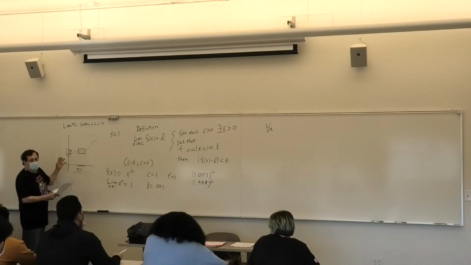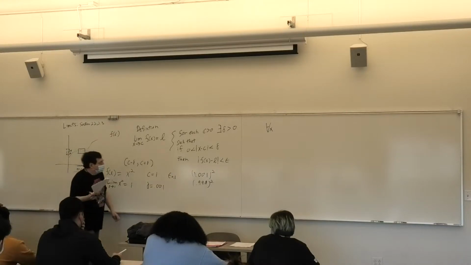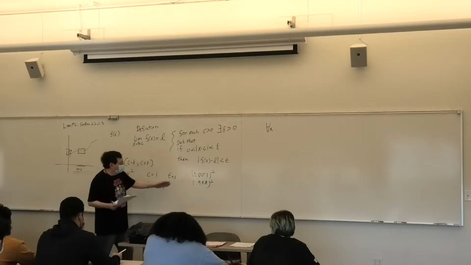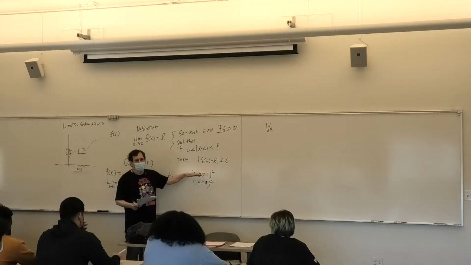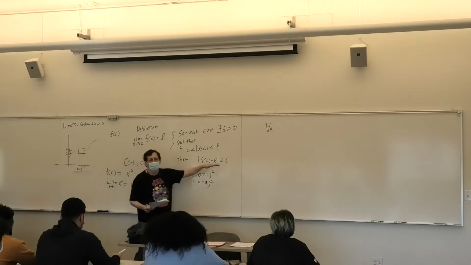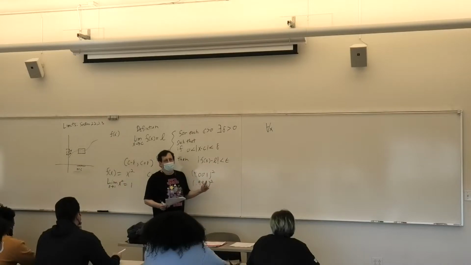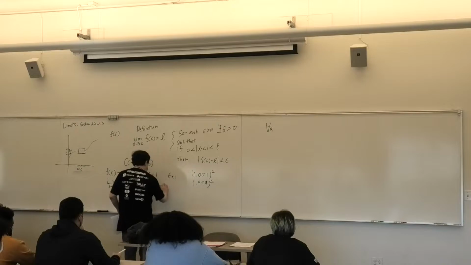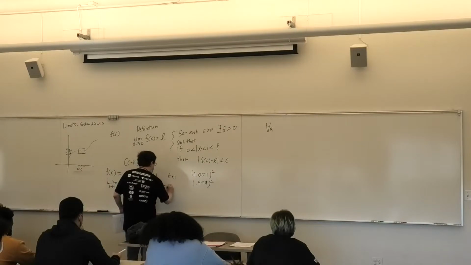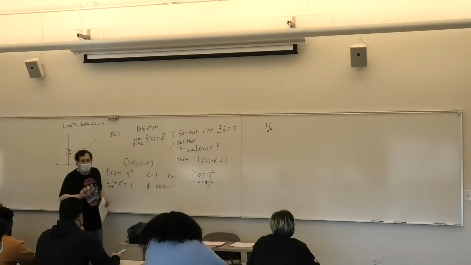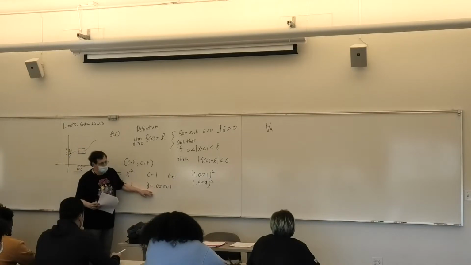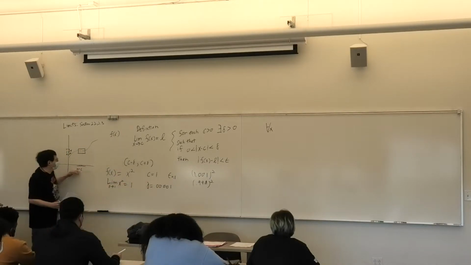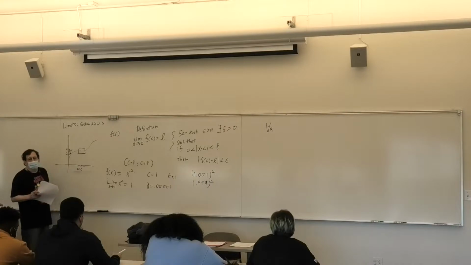That's kind of what we're doing here. Now, there's nothing wrong with picking a delta that's better than the minimum. I could just as well pick delta and put a few more zeros. The key is I have to be able to pick a delta, given any epsilon, any small number.